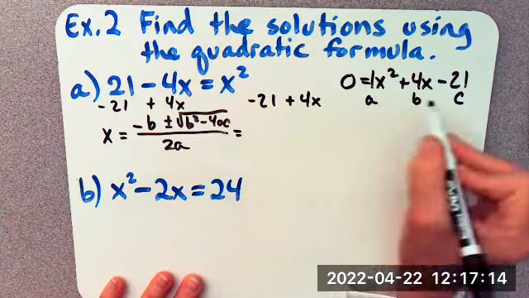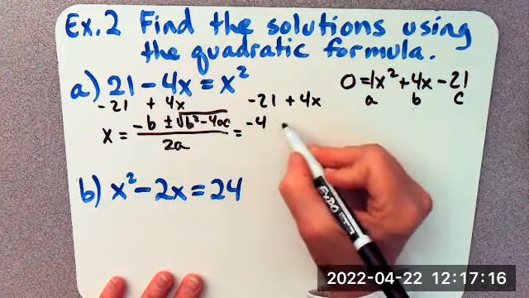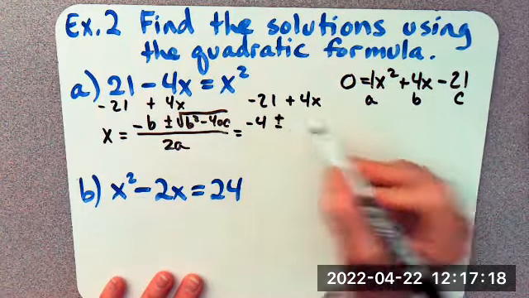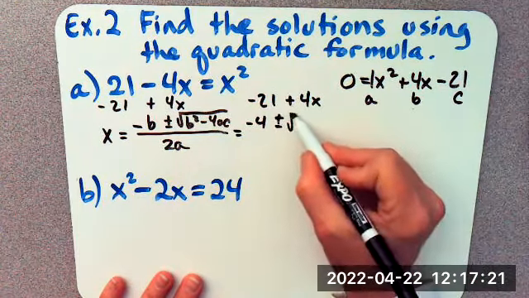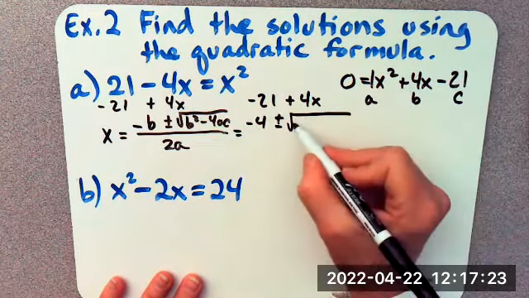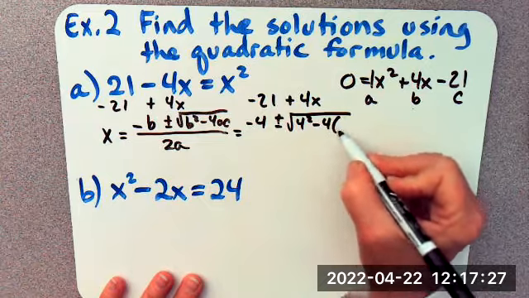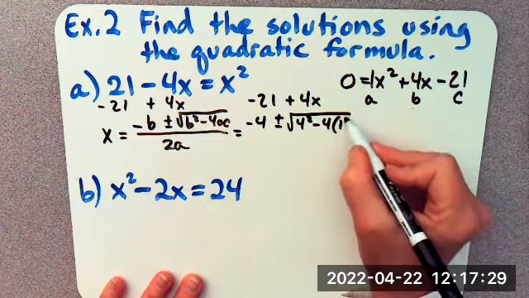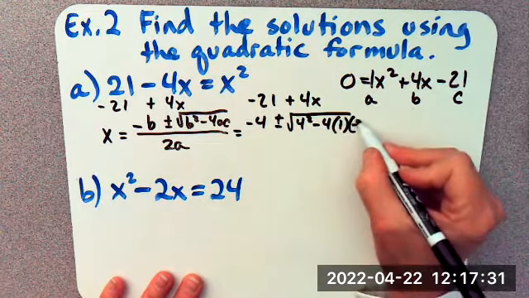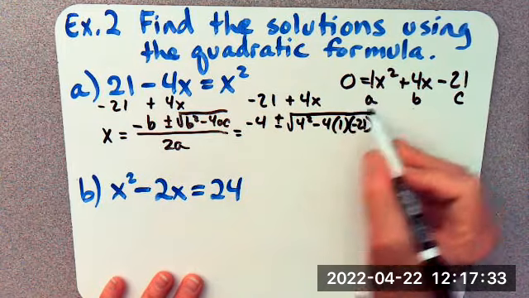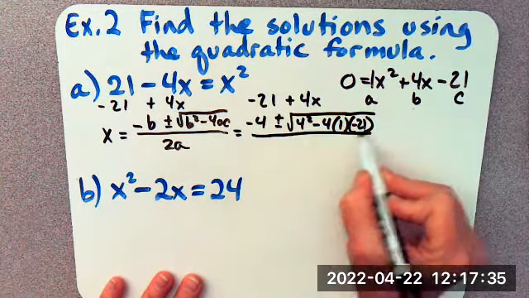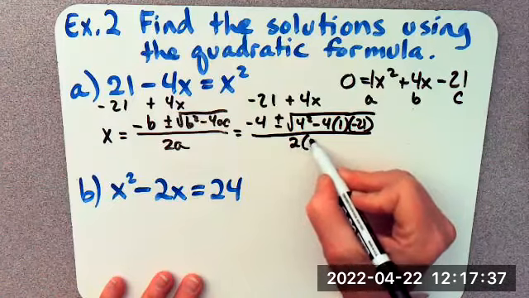So this becomes negative 4 plus or minus the square root of b squared, which is 4 squared, minus 4 times 1, which is a, times negative 21, which is c, all over 2 times a, which is 1.